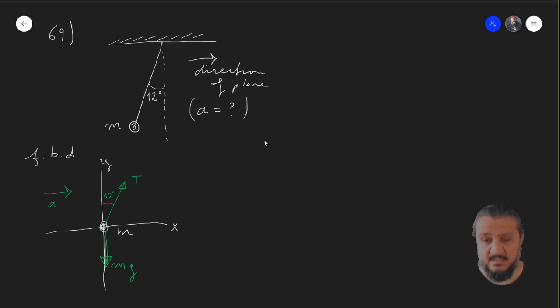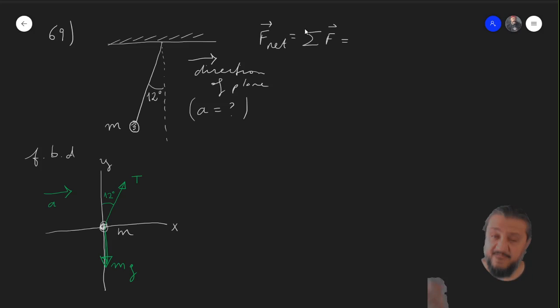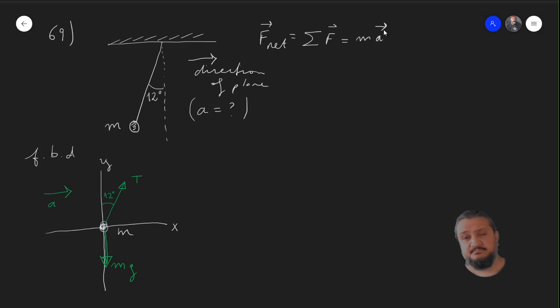Now that you took care of the free body diagram, the rest is just like the previous examples, meaning use your F equals ma. F, we also call it the net force. Remember, the net force is defined as the vector sum of all the forces equal to mass times acceleration. That's Newton's second law.